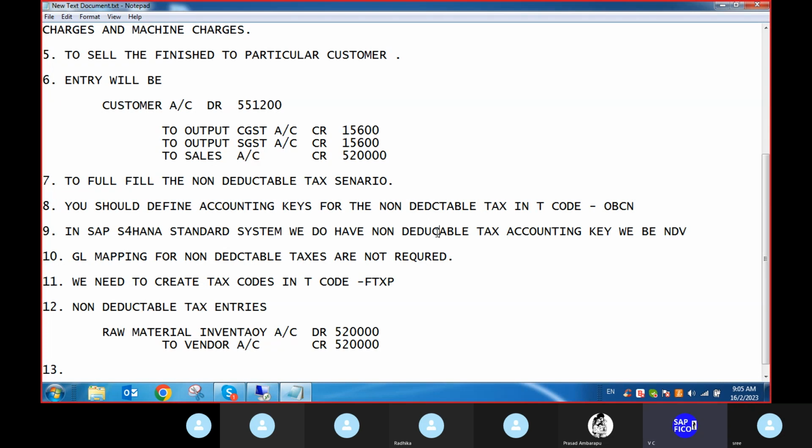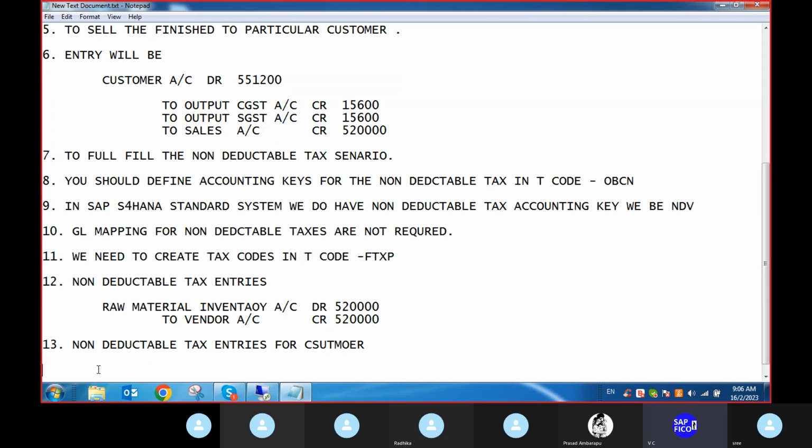Okay, so you can just write down the thing, ma'am. Non-deductible tax entries for customers. So customer account debtor, that is 5,51,200 rupees.